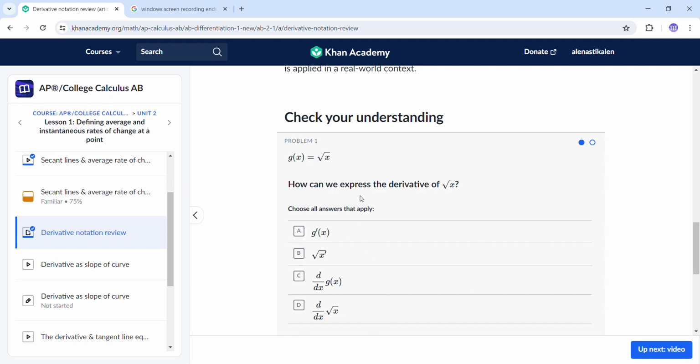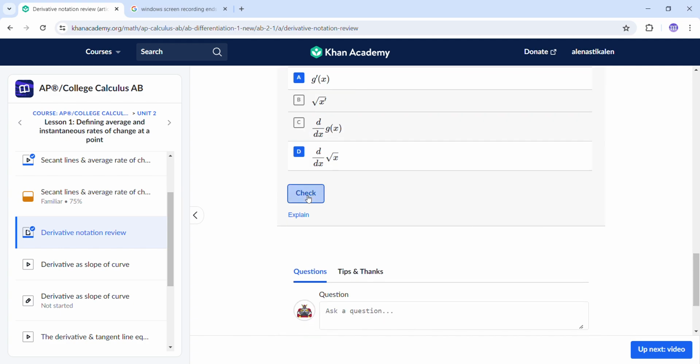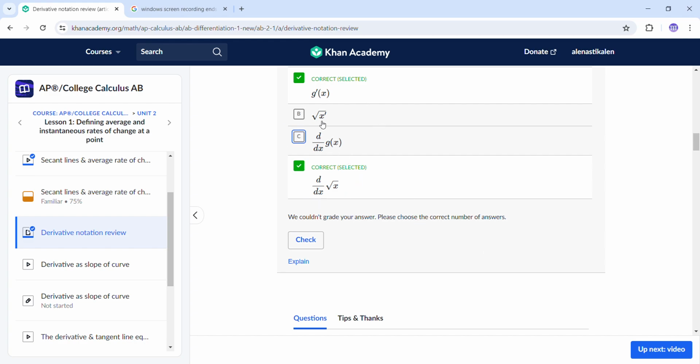So how can we express the derivative? It's just this. Well, I'm not sure about this actually. This one. Yeah, okay, so we got it right. This, I don't really think this is the right way of writing it. Personally, just doesn't sit right with me.